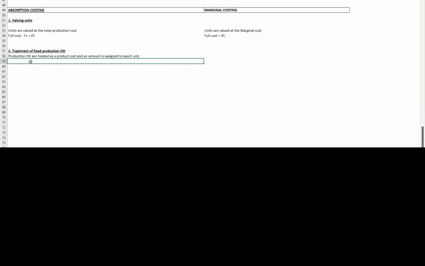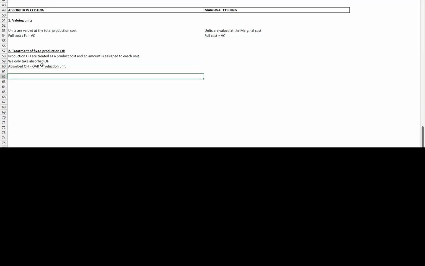And while adding the fixed production overhead to the product cost, we only take absorbed overhead, right? And you might be wondering what the absorbed overhead is. Absorbed overhead means your OAR into production units. Right, so this is the formula.